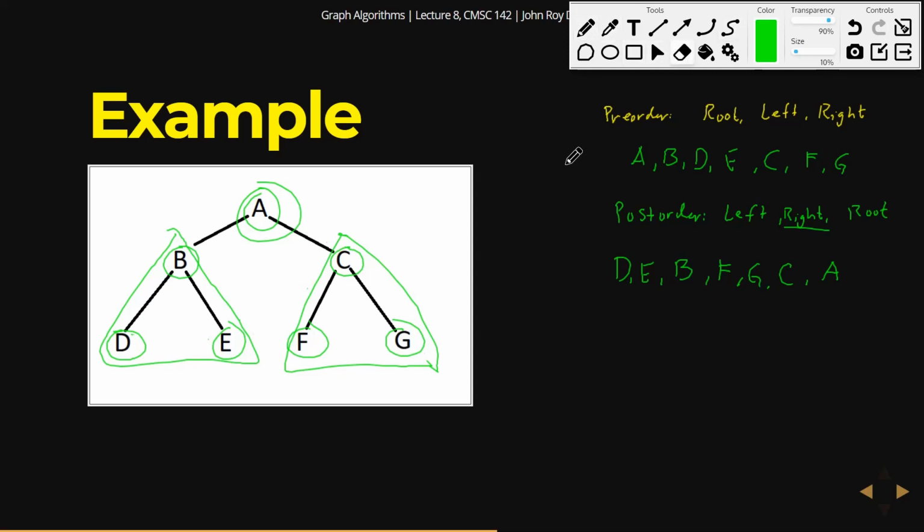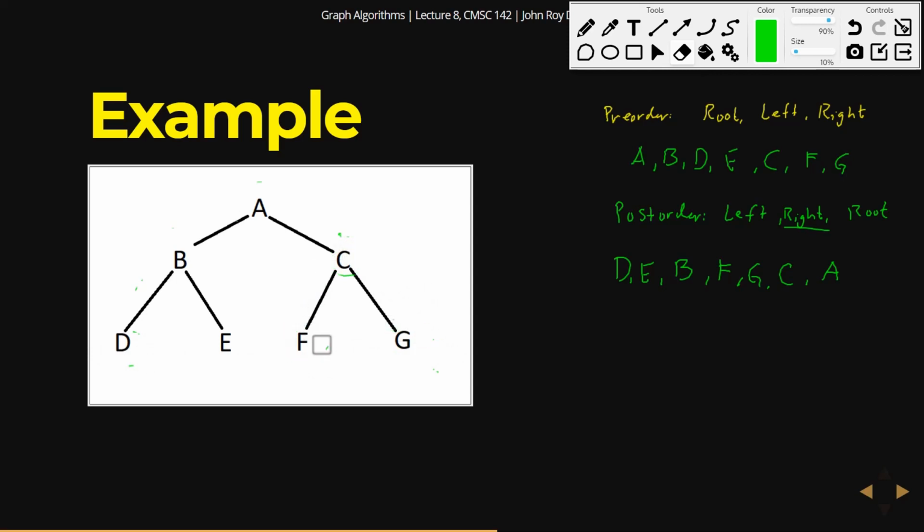And then finally, let's go through the in-order traversal. We'll go through it after I erase these markings. So next we have in order, wherein you need to go through the left first, and then the root, and then the right. So what would be the order here?